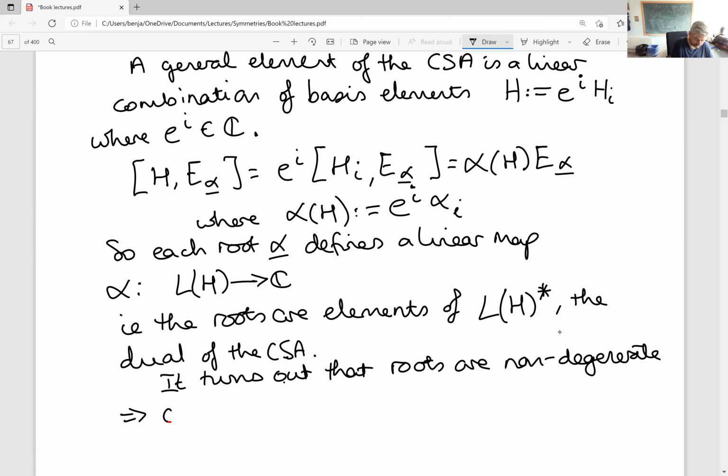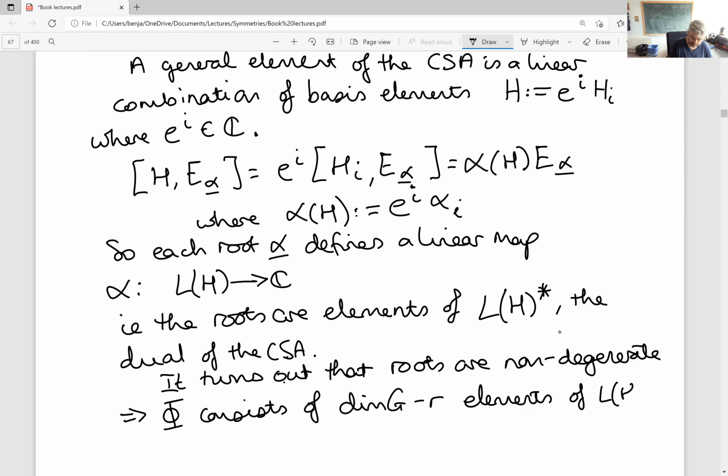So our root set consists of dimension G minus the dimension of the Cartan subalgebra, which is r, remember, elements of L_H star.